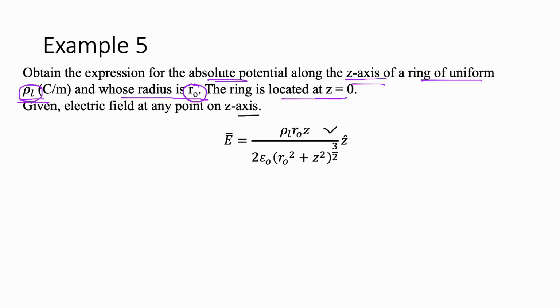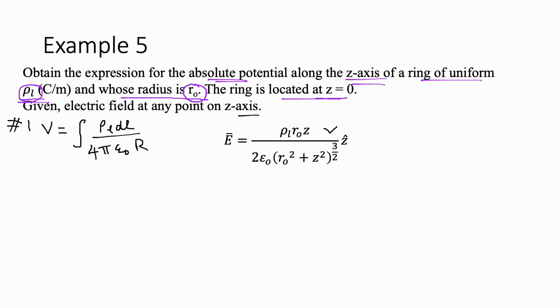So let's illustrate the structure first. Actually there are two methods that we can use to solve this question, right? So let's use the first method. The first method, we want to use the equation that I just showed you previously, which is V equals the integration of rho L dl over 4 pi epsilon naught R, right?